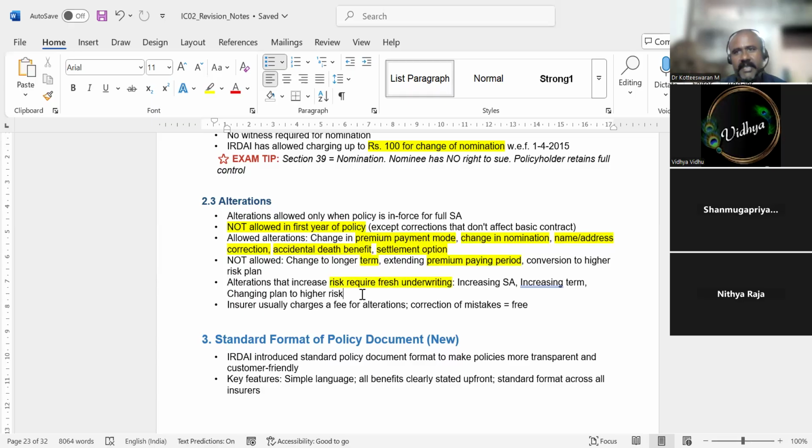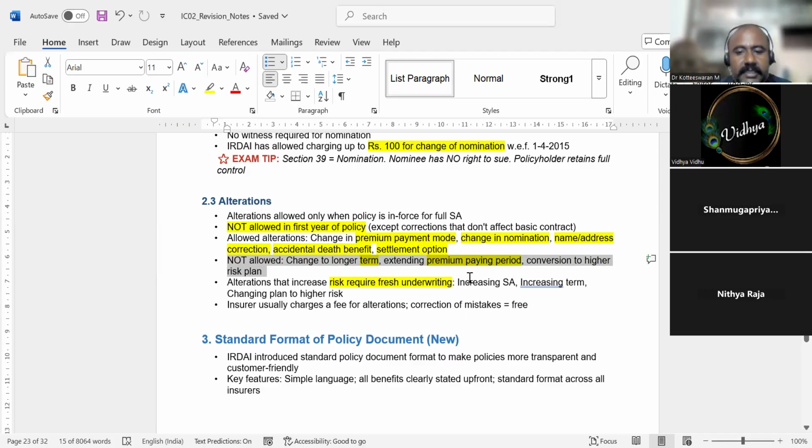So there are some things which you can change without approval of the underwriter, that is the third point. There are some changes which you cannot do at all. This is the fourth point. There are some changes which can be done after getting approval from the underwriter.